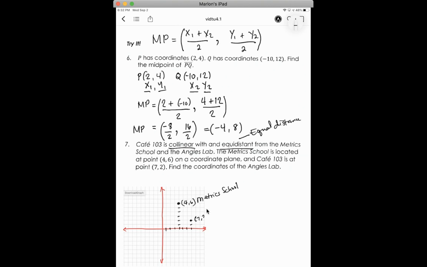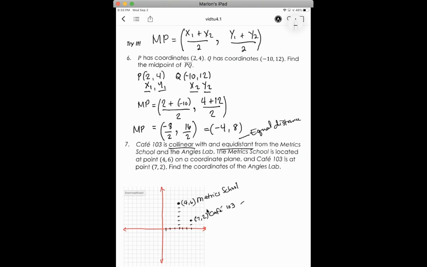This is (7, 2). This is your Cafe 103. So it says that Cafe 103 is collinear, so it's the same line and equal distance from the metric school.